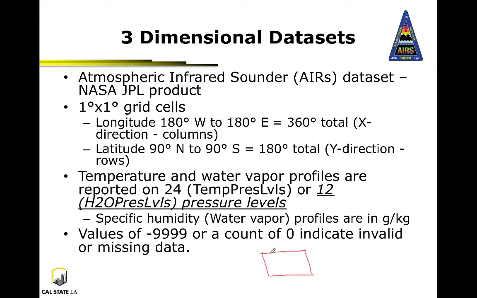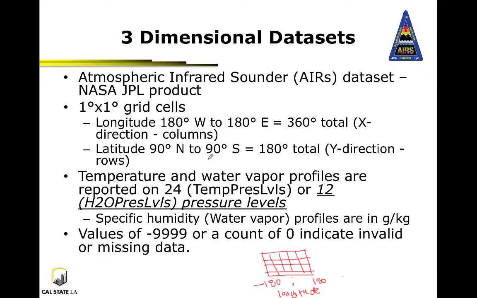It's basically a matrix, right, where you have the globe broken up into perfect squares. It's 1 degree by 1 degree, and it goes from negative 180 west to positive 180 east. So 360 degrees total in the longitude. The longitude is along the x-axis.